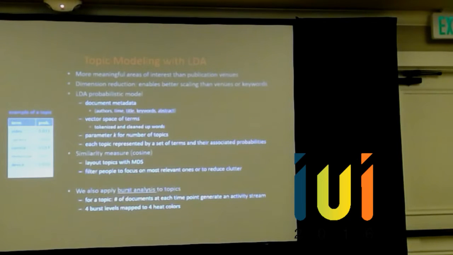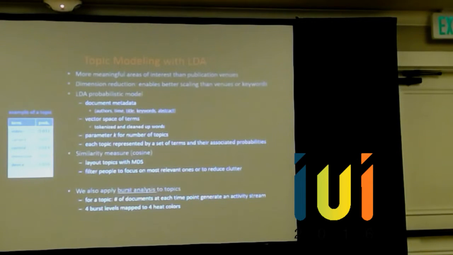The model that we use is the popular LDA model, a probabilistic model. We computed it over the document metadata text, specifically from the title, keywords, and abstract. The abstract will provide enough text to make this work.